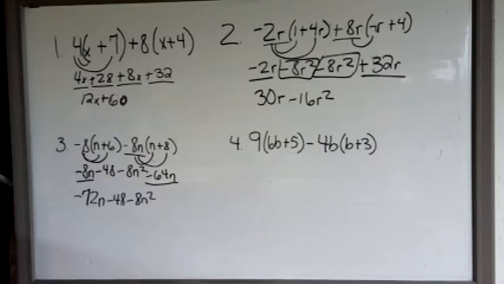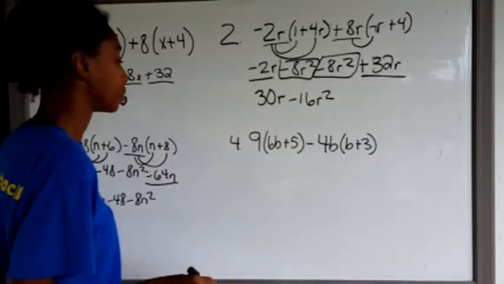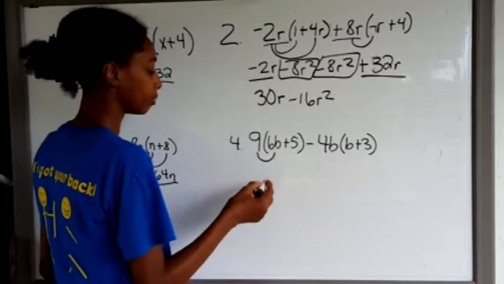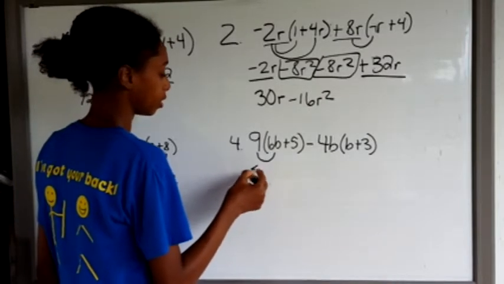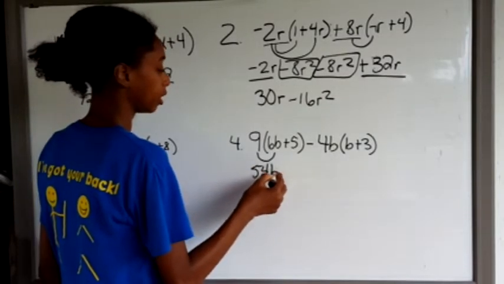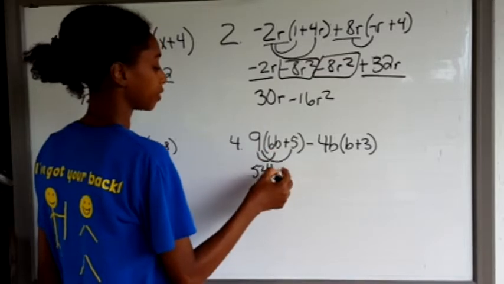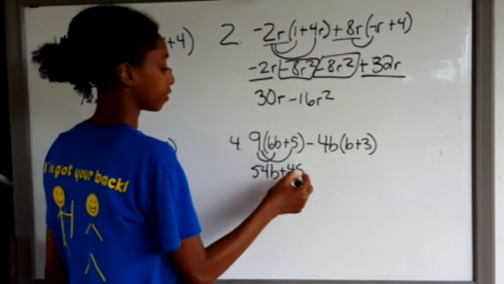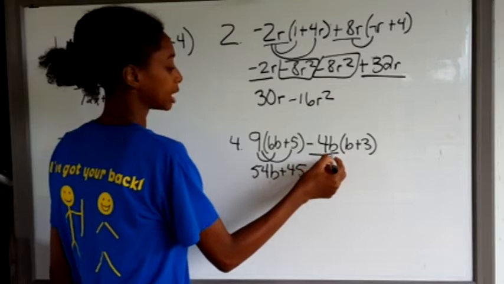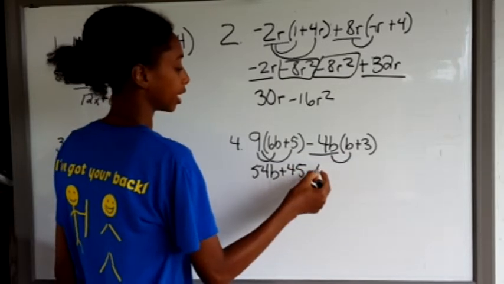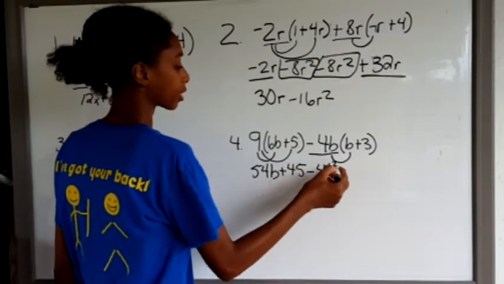Alright, and number 4. So 9 times 6b is going to be 54b. And 9 times 5 is positive 45. Negative 4b times b is negative 4b squared.